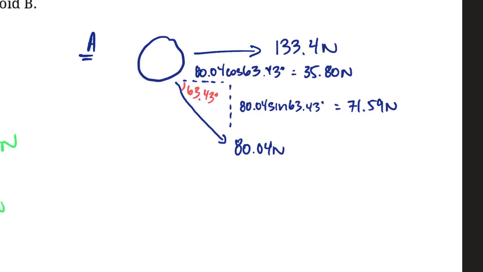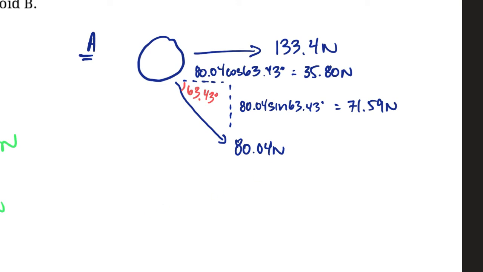So hopefully you tried it yourself, but looking a little more closely at asteroid A, we have two forces acting on it, right? The 133.4 newtons to the right, and then this force down here that acts at an angle. It's not in north, south, east, west. So we need to find the angle that it's acting at, because in order to find the net force, remember what we have to do. We have to sum up all the x forces, we have to sum up all the y forces.